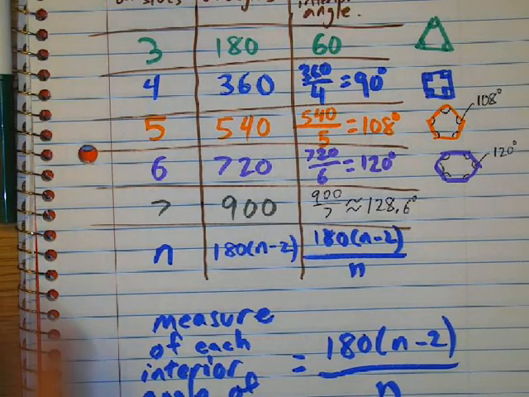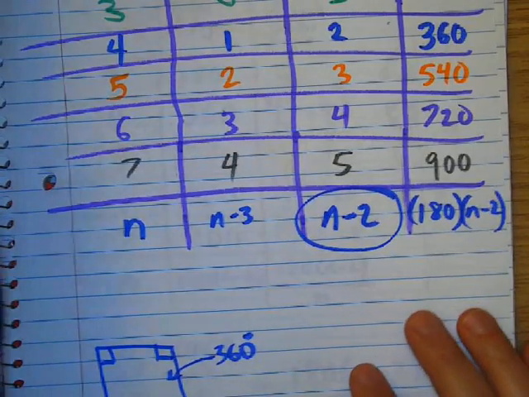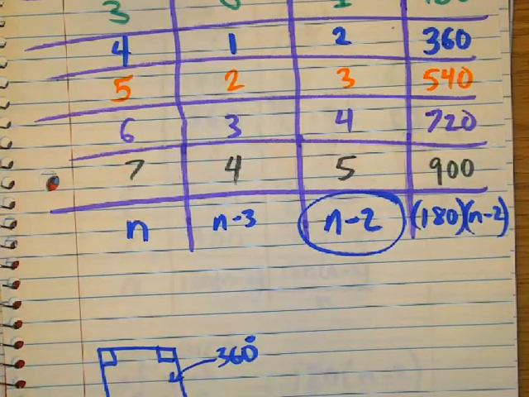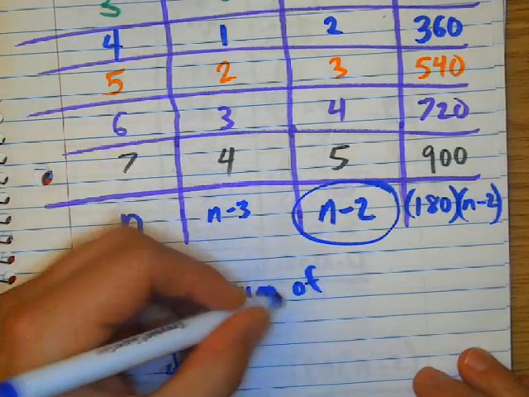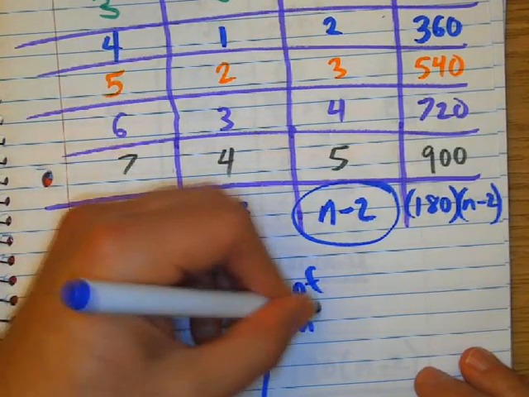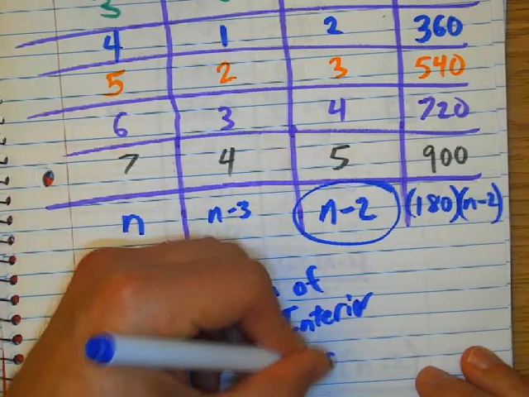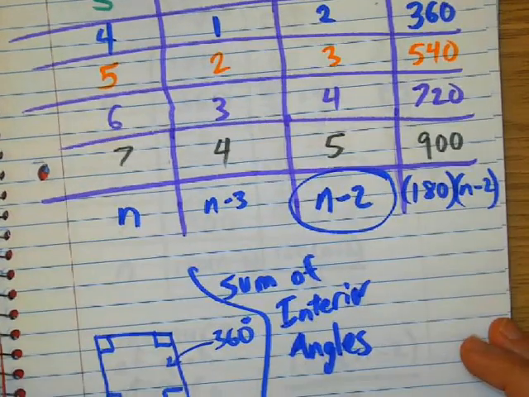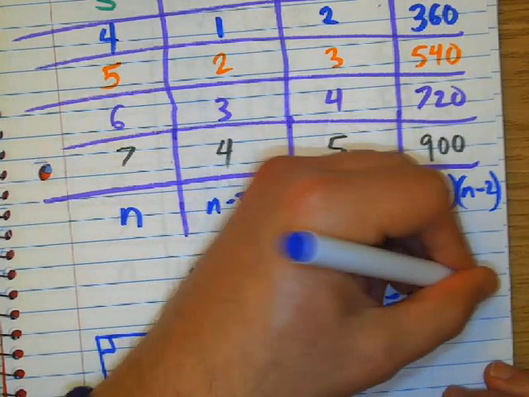And on the previous page, let's write this out here too. The sum of the interior angles equals 180 times n minus 2.